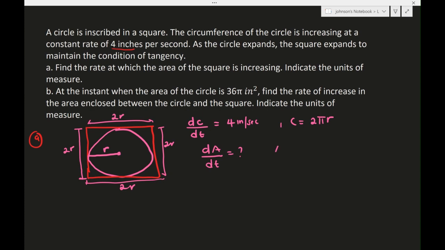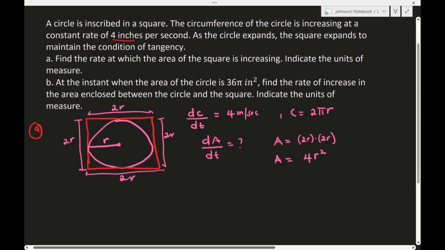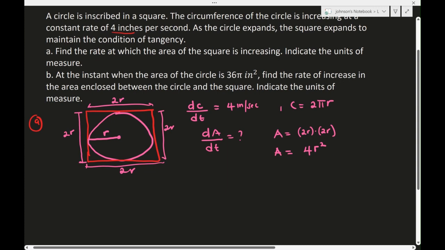But what is this A? This A is the area of the square. And what will be the area of the square? It's just going to be 2r times 2r. So the area of the square is going to be 4r squared. Now, what do we do from here?